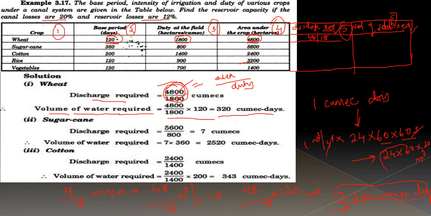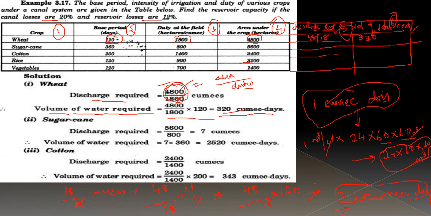That is the volume of water if we denote it as 1 day cumec. So here we got 320 cubic days, that is right here, 320.